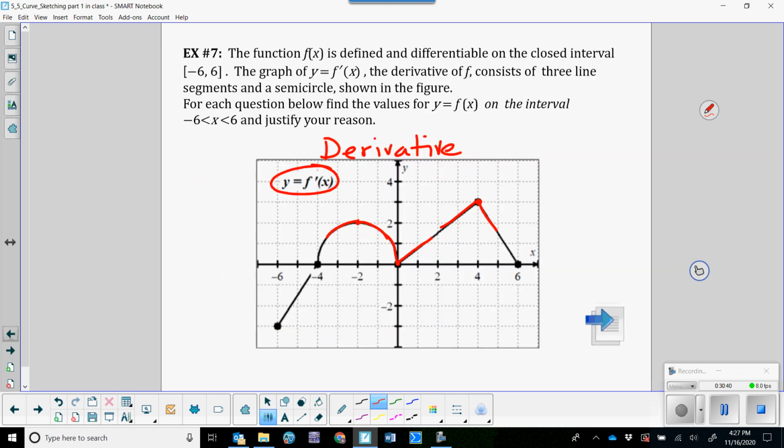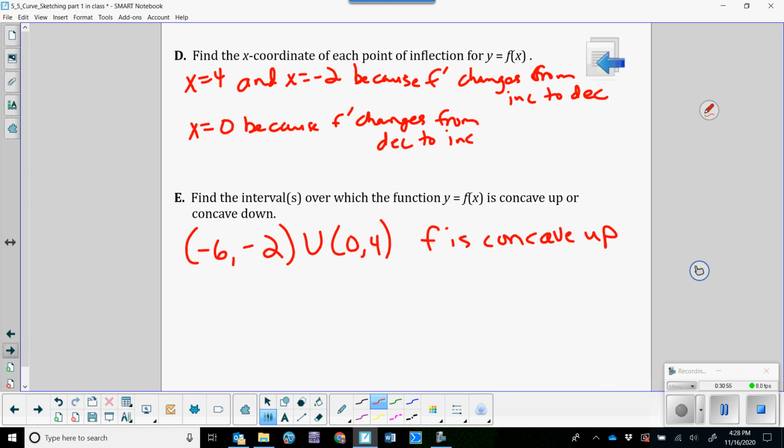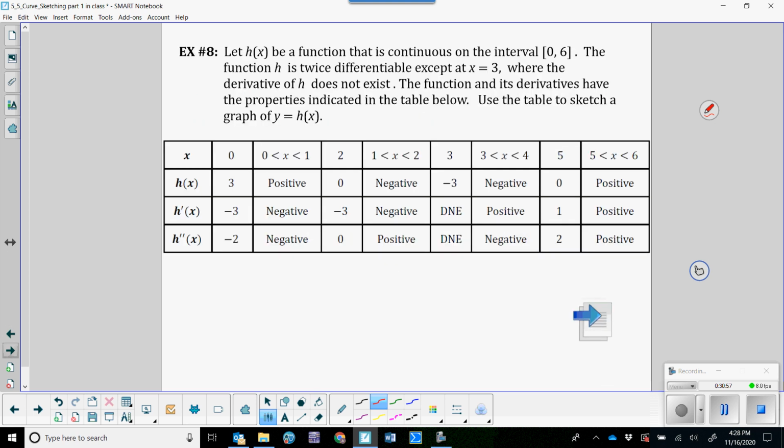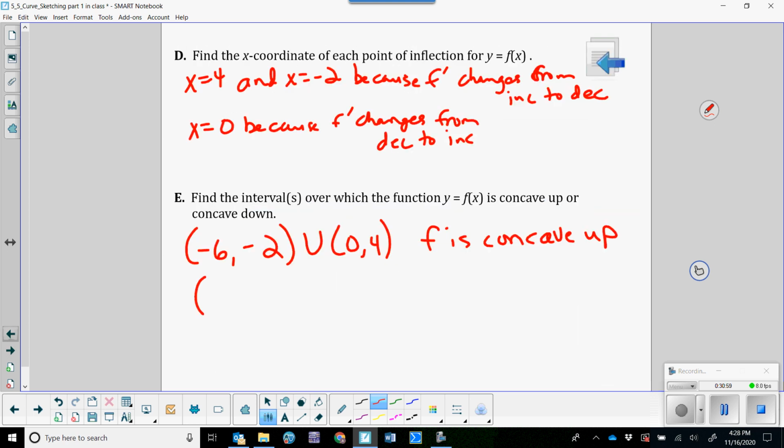So if we look, from -6 to -2, this function is increasing all this way. And then from 0 to 4, of course, we have this segment there. It's increasing, so it's decreasing on the other parts, which means that it is concave down. So from -2 to 0, union 4 to 6, f is concave down.